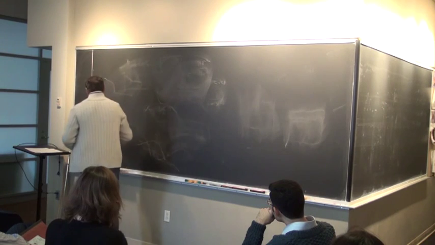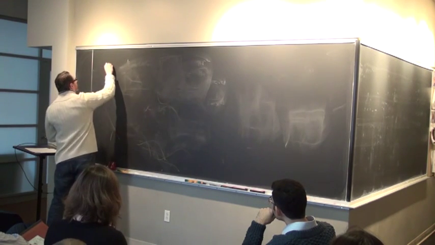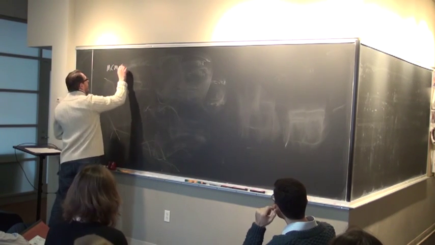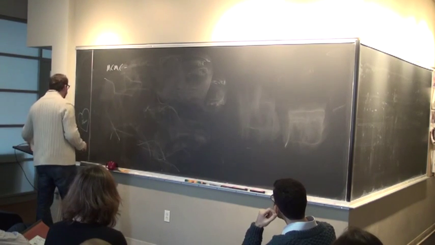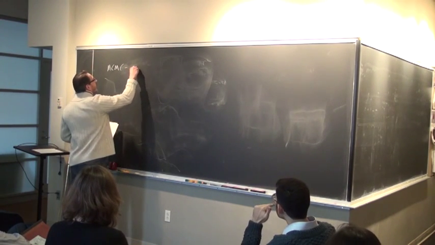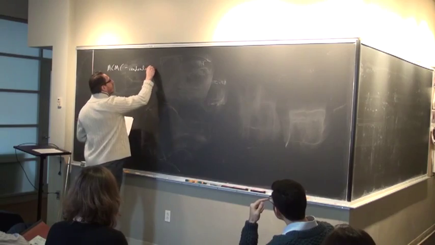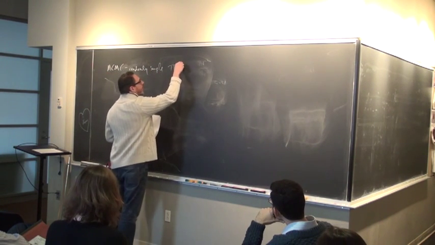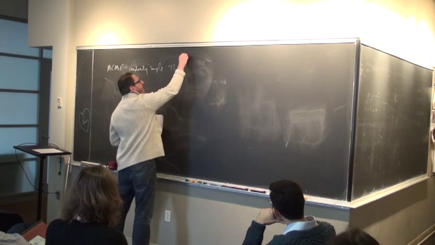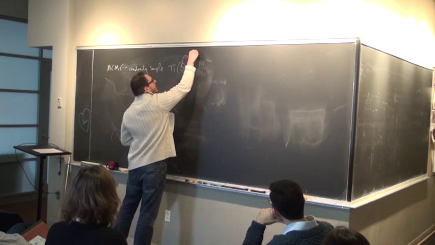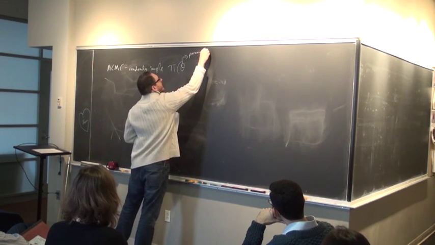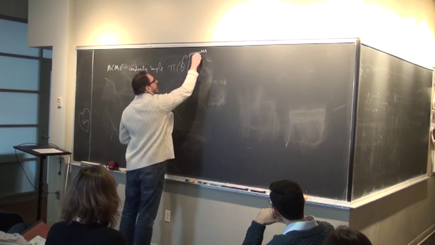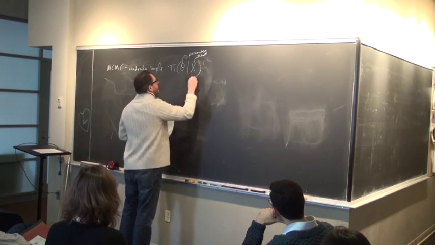So basically, MCMC is just this idea. Once again, you're just going to randomly sample from some posterior, where theta is now your parameters in some model, given your data.